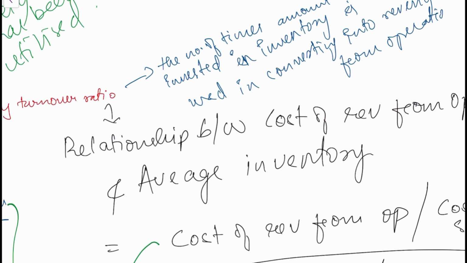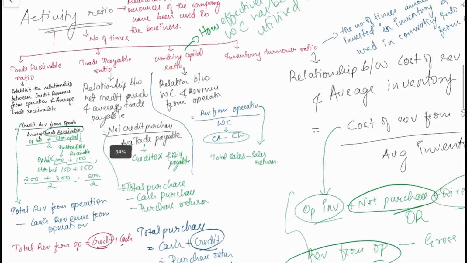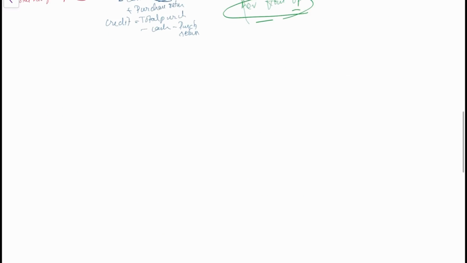So this is the meaning of inventory turnover ratio, that is, it shows the number of times the amount invested in the inventory is used in converting into revenue from operation. So this is all about activity ratio.